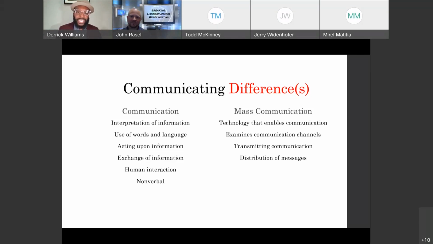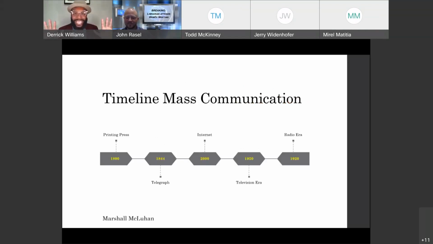Now, the communication on your left-hand side deals with human interaction, again looking at how we create culture and how we have interpersonal and small group dialogue and the like. So it's really important that we understand the communication. Let's look at a timeline to where we are currently today.